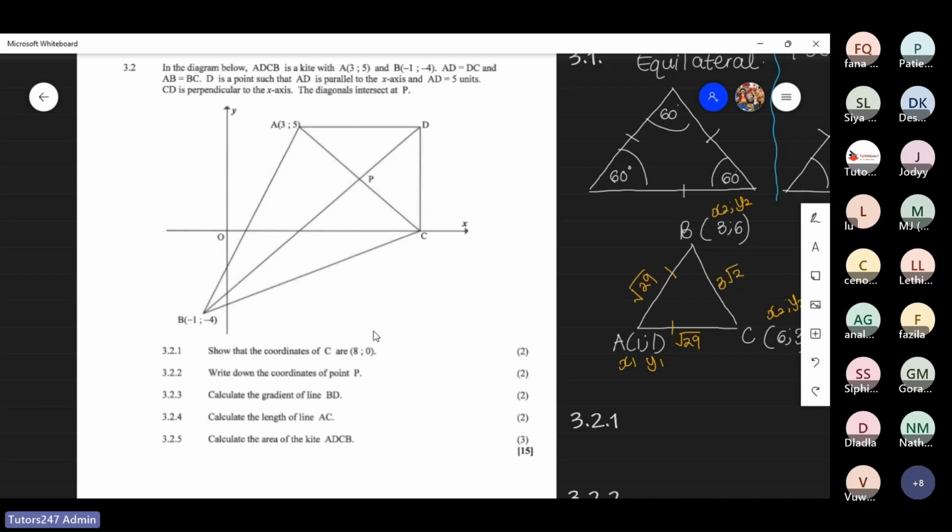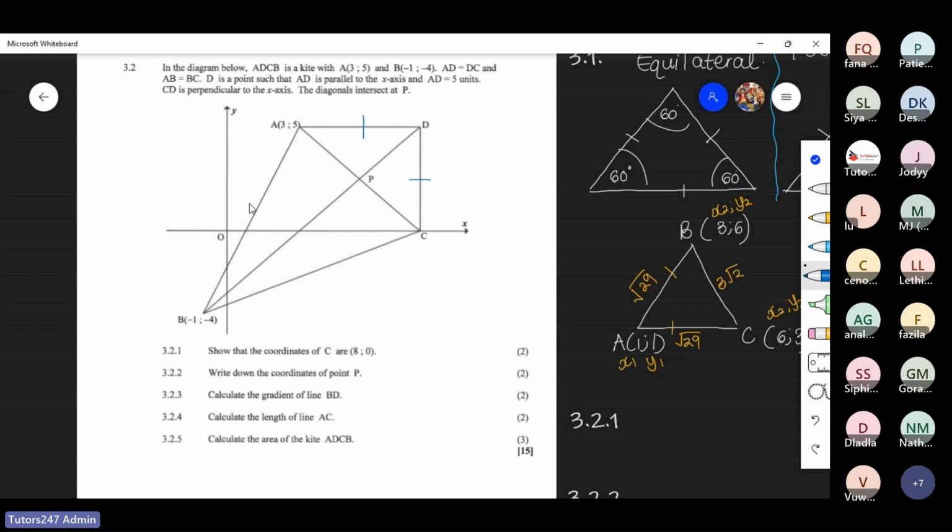AD is equal to DC, so let us state that they are equal. So we now know that AD equals DC. And then AB equals BC. So we've got AB equals BC.